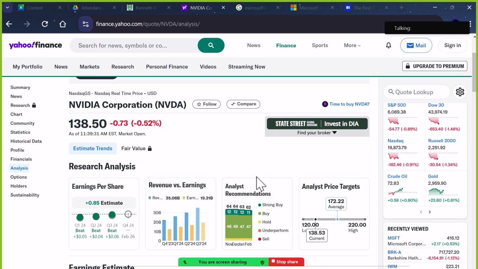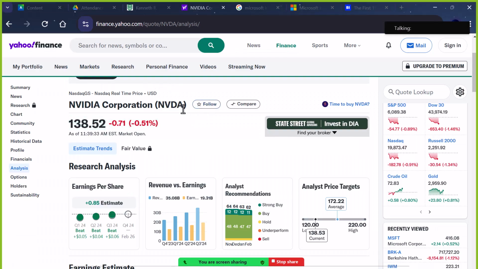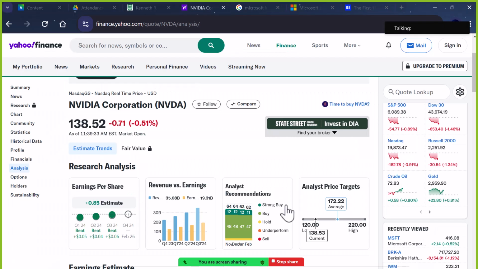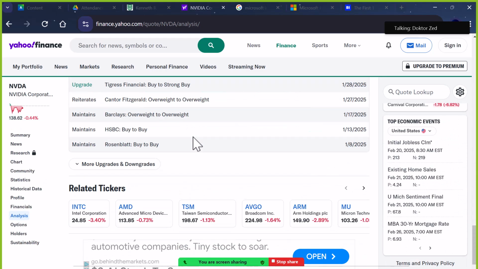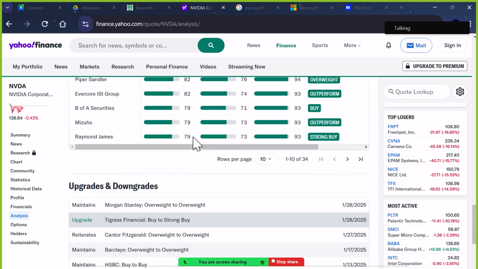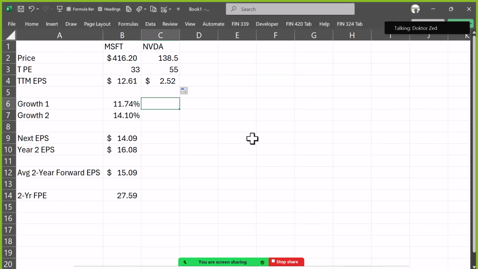I love making templates. 138.50. And let's just make it 55. You know me, I'm going to color those things. And come on, work with me. And 127.93, 49.54.